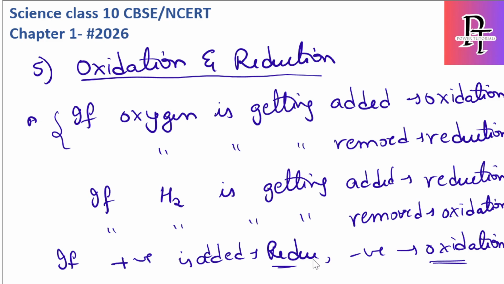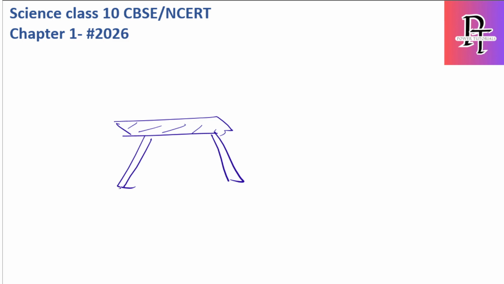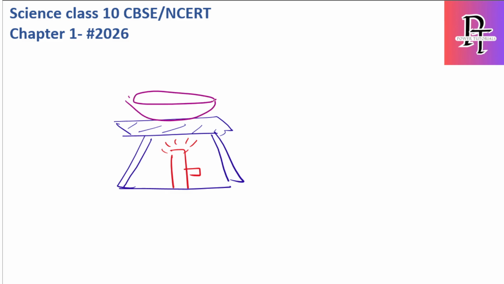So now we'll see an experiment to perform the oxidation and reduction. What we are doing is we're taking one stand. Below this stand we're keeping a burner. Above it we're using a china dish and adding copper inside it, and we heat it in the presence of air, in an open place.